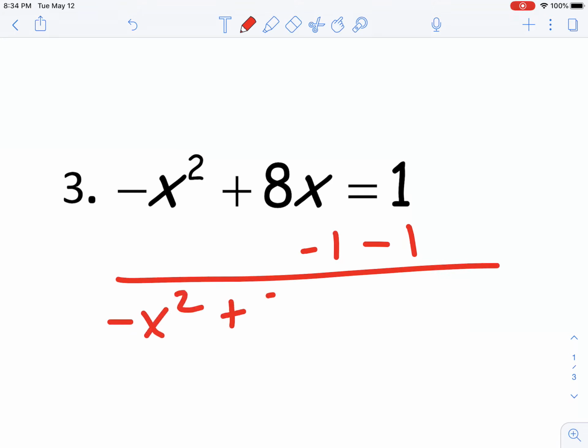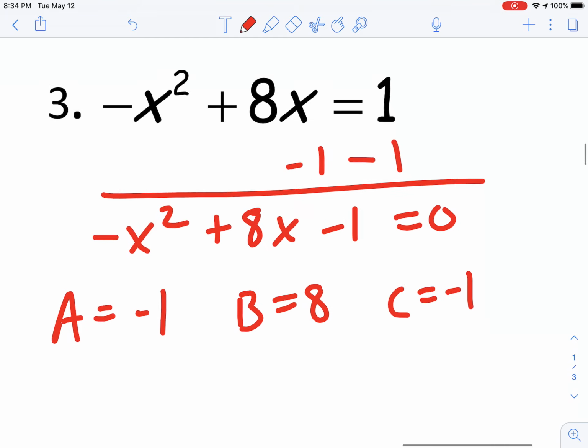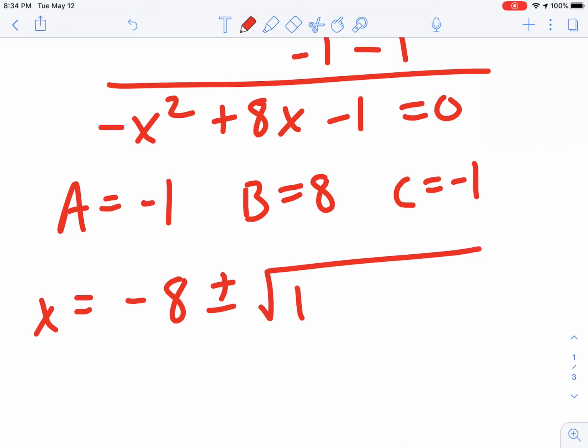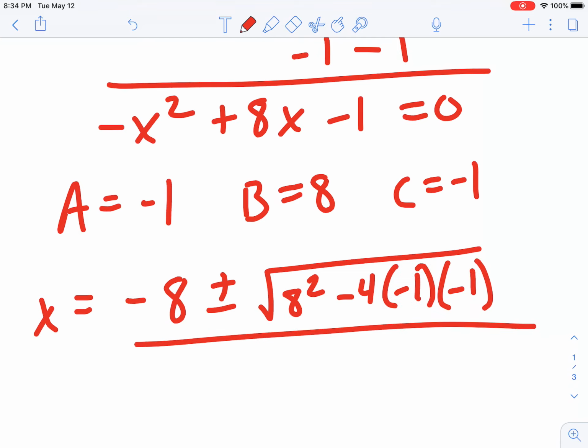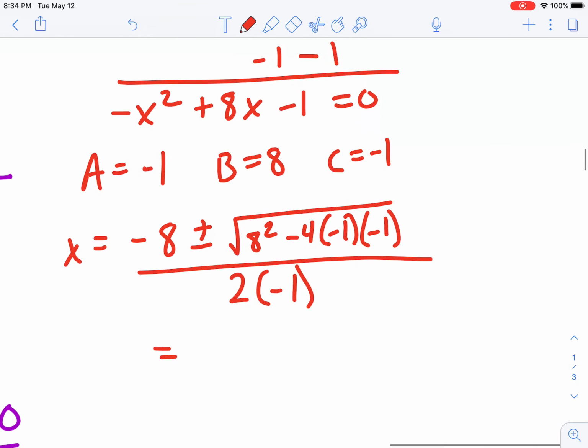Negative x squared plus 8x minus 1 equals 0. Okay, now list your a, b, and c. a is negative 1, b is 8, c is negative 1 as well. x equals negative b plus or minus the square root of b squared minus 4ac all over 2a. And again, simplify your numbers. 8 squared is 64.